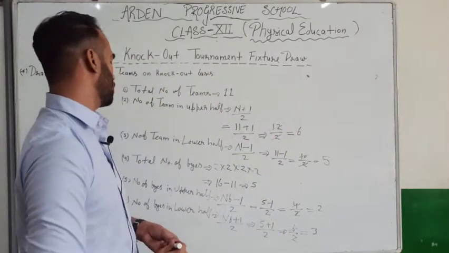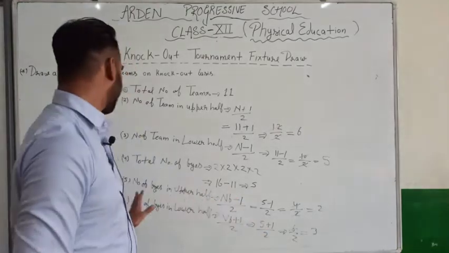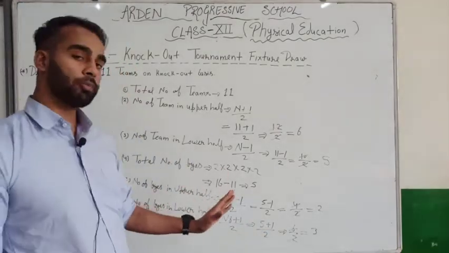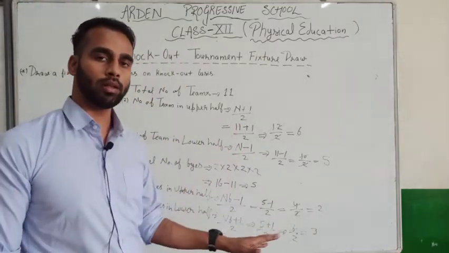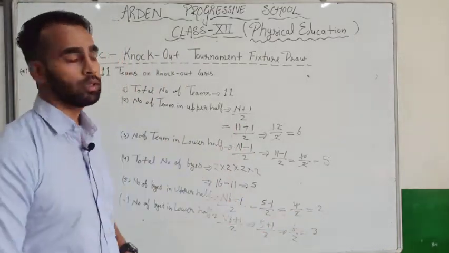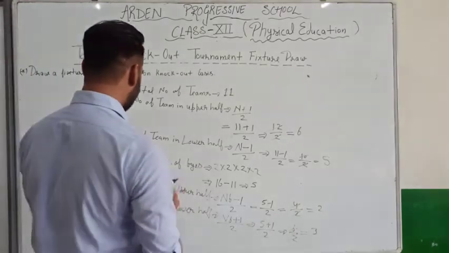Okay class, so in the lower half the total number of byes is 3, and in the upper half the total number of byes is 2.